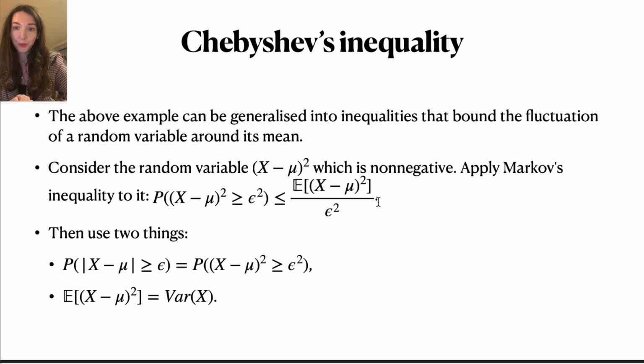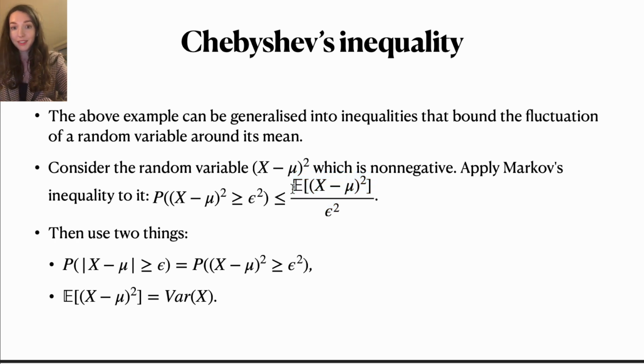And then we can use two things. The first is that the probability of (x minus mu) squared being greater than epsilon squared is the same as the probability of the absolute value of x minus mu being greater than epsilon. And the second is that the term on the right-hand side, the expected value of (x minus mu) squared, is the definition of the variance.